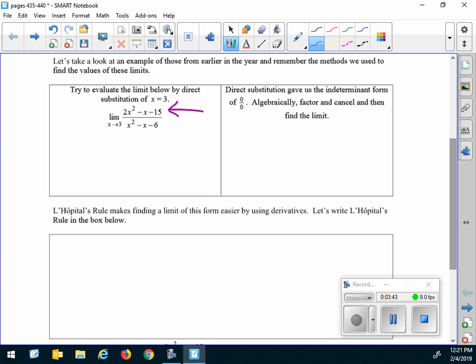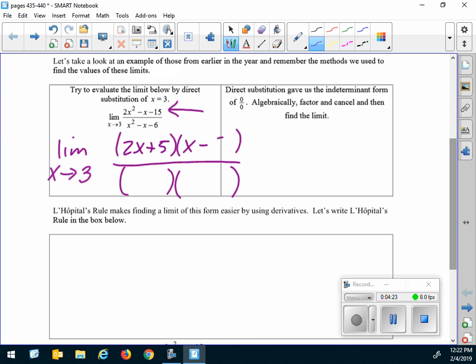So one of the ways that we were able to do this problem was to factor. I want you to do this one. I want you to factor the numerator and factor the denominator. Have you got that numerator factored? How's it go? 2x plus 5 times x minus 3.